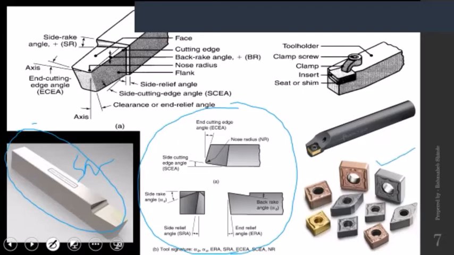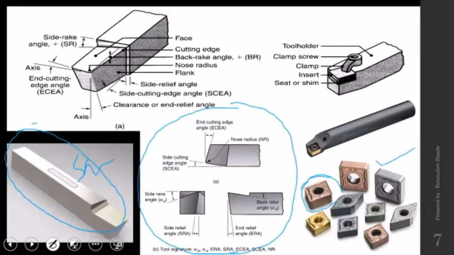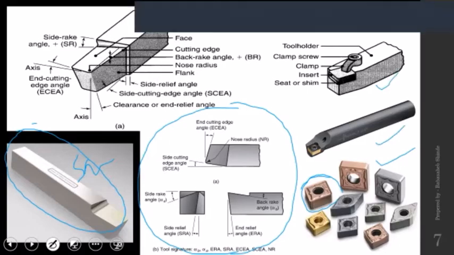So the cutting tool is only this insert, which is mounted on some supporting surface, and that supporting surface could be of any material; it need not be made of the cutting tool material. These are two examples of tool holders. That supporting surface is called the tool holder. It will have a supporting surface, clamping screw, and clamp.